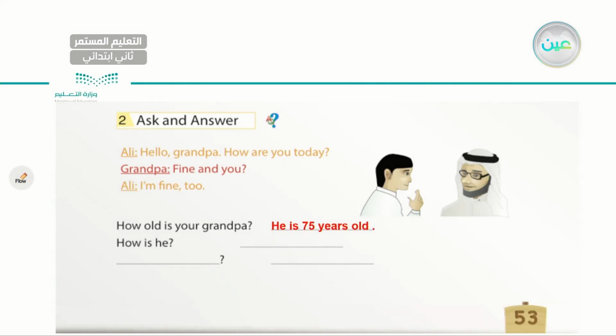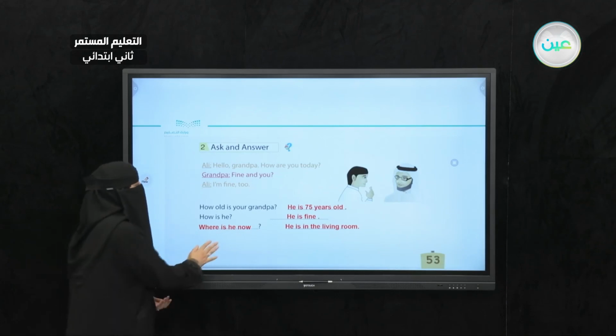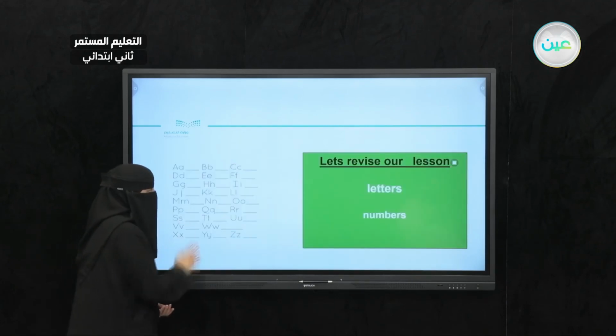For example, I will write he is 75 years old. You can write your own answers. How is he? He is fine. Where is your grandfather now? He is in the living room. Maybe you can say he is in his own house, or any suitable answer will be fine.